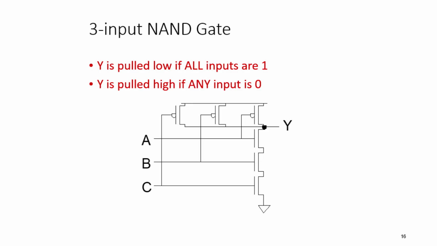This is the basic order of CMOS circuits: if you increase the number of inputs, the corresponding number of transistors will also increase. For this 3-input NAND gate, you have 3 PMOS transistors that are connected in parallel and 3 NMOS transistors that are connected in series. And the operation of this is the same as we have just studied.